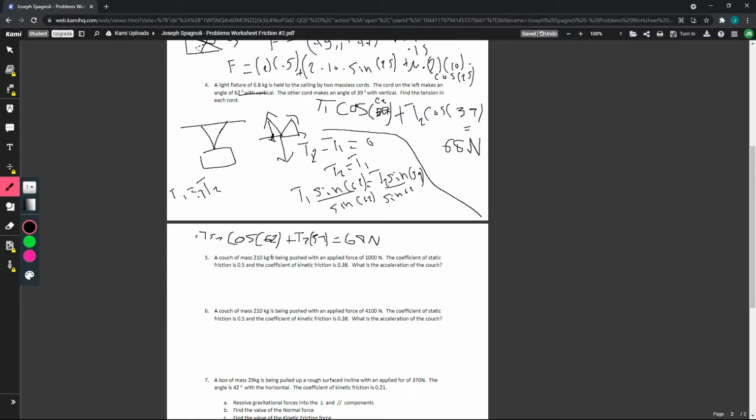So we're going to do 0.71 times cosine 62. We're going to add that with cosine, I forgot to put cosine on the other side, but make sure it's cosine 37. So we get 1.13 t2 is equal to 68 newtons.